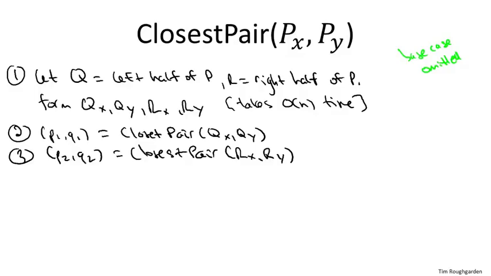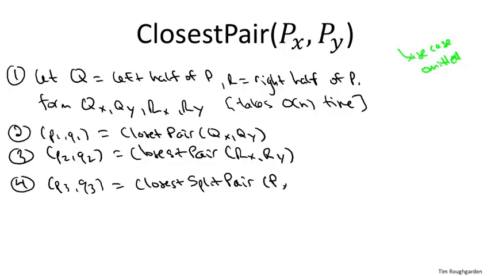This is exactly analogous to what happened when we were counting inversions. The recursive call in the left half of the array counted the left inversions. The recursive call in the right half of the array counted the right inversions, but we still had to count the split inversions. So in this closest pair algorithm, we still need a special purpose subroutine that computes the closest pair for the case in which it is split, in which there's 1 point in Q and 1 point in R. Just like in counting inversions, I'm going to write down that subroutine and leave it unimplemented for now.